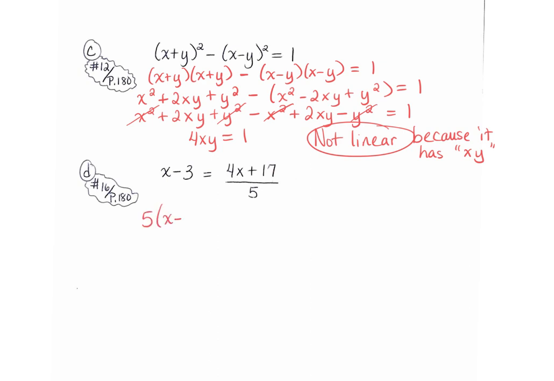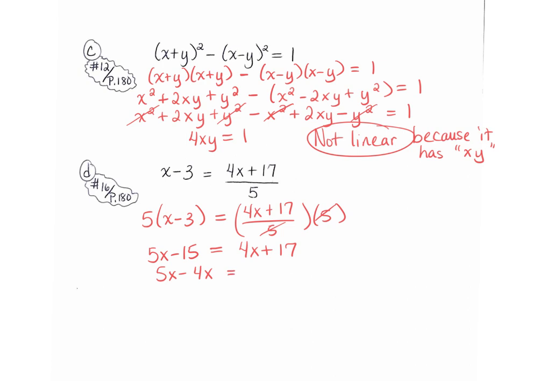Multiplying both sides by 5, we get 5 times the quantity x minus 3 equals 4x plus 17 over 5 times 5, so the 5s here will cancel, giving us 5x minus 15. Where did that come from? Distribute the 5. Equals 4x plus 17. Combine like terms, that gives us 5x minus 4x equals 17 plus 15, which means x is equal to 32.